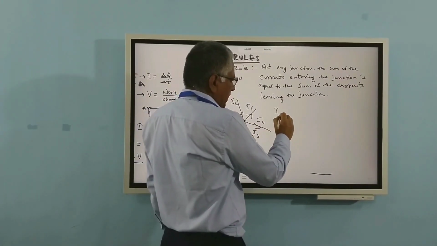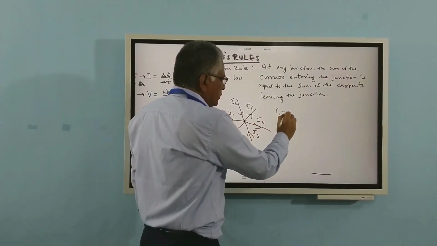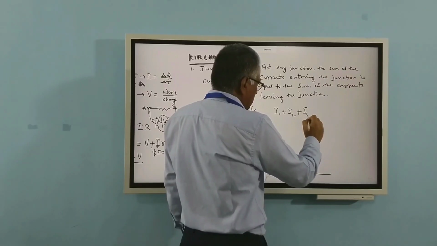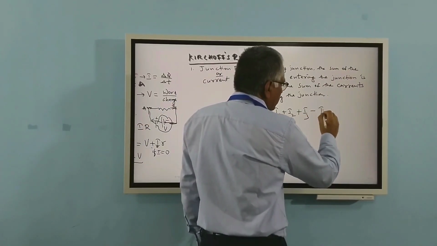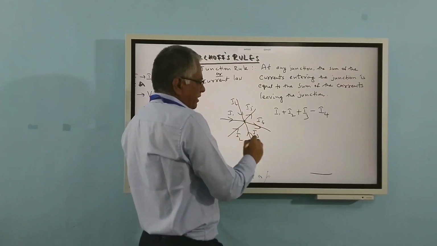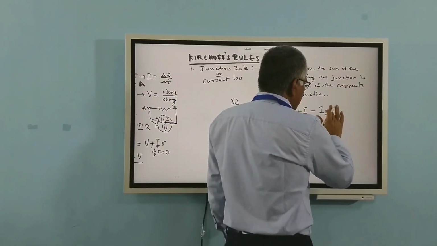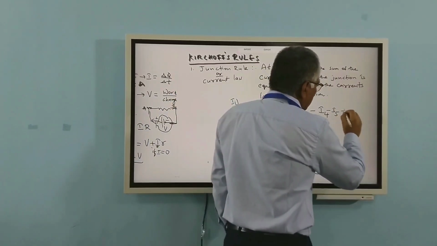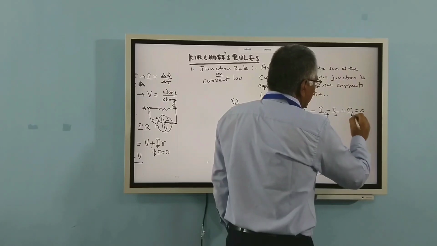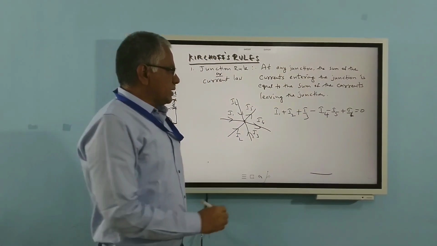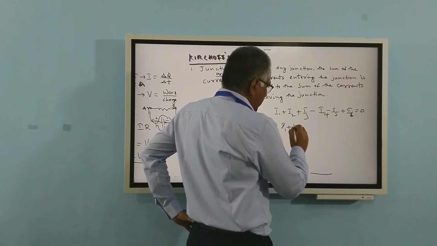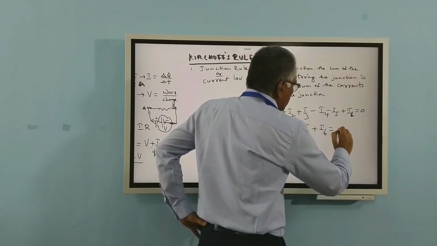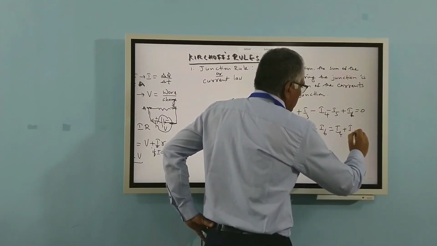I1 is approaching the junction, I2 is also approaching the junction, then I3 is also approaching the junction. I4 is leaving the junction, minus I4, and I5 is also leaving the junction. And I6 is approaching the junction. The sum is equal to 0. I can write I1 plus I2 plus I3 plus I6 is equal to I4 plus I5.